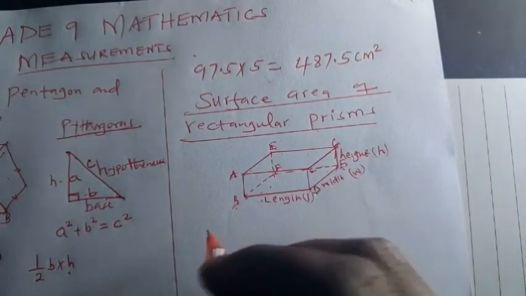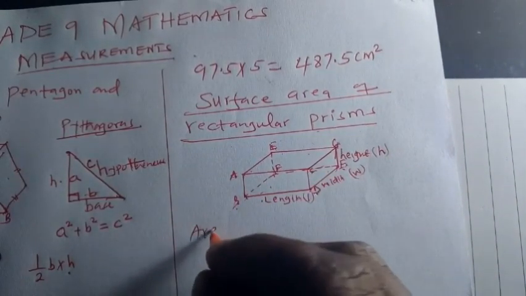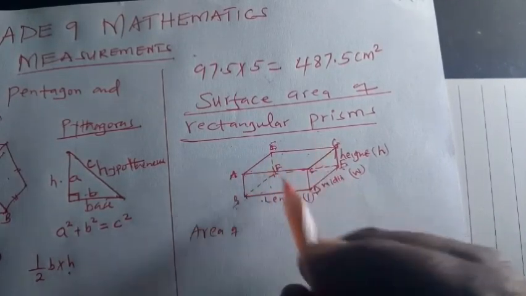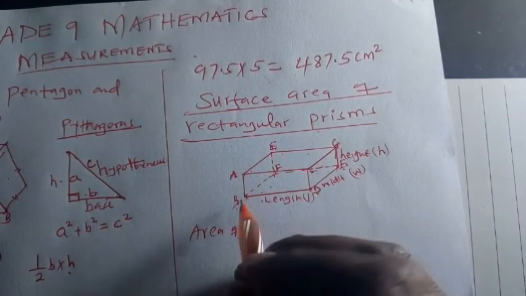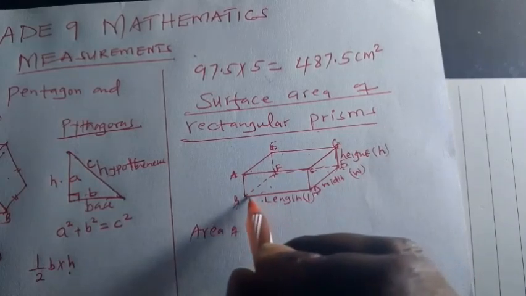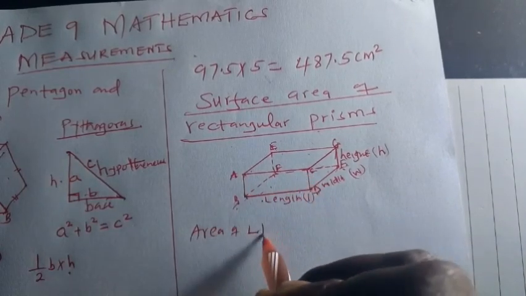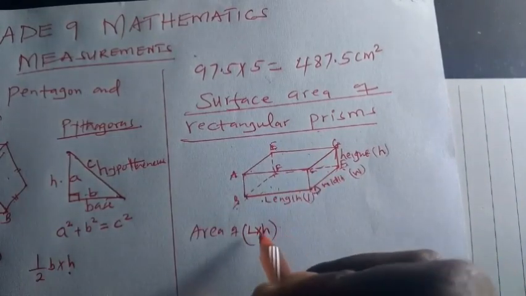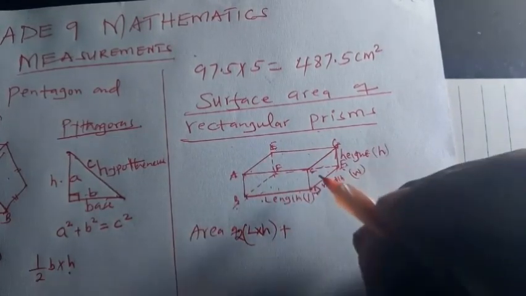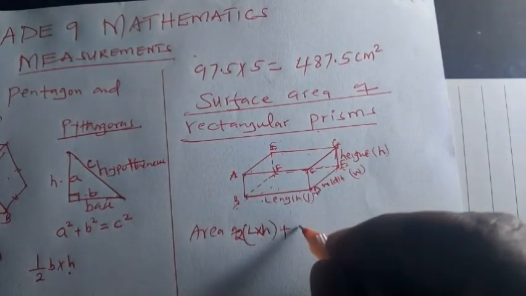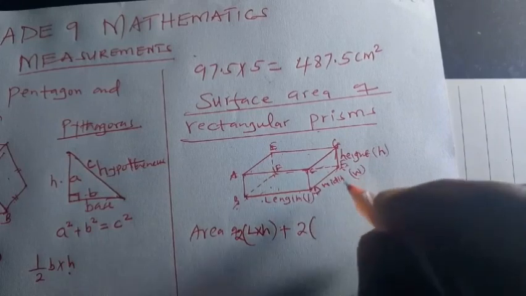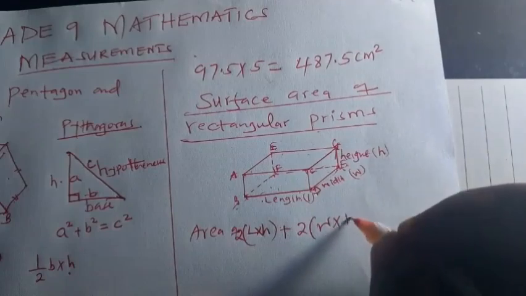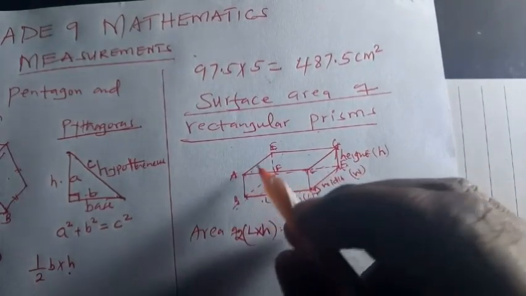So the area of this prism is equal to, we start with this one, which is length times height, because there are 2 there, so times 2, plus this one, which is 2 times width W times height, because this one and this one are the same.